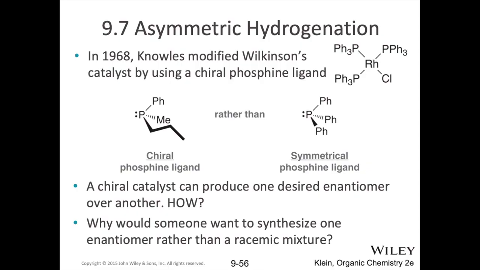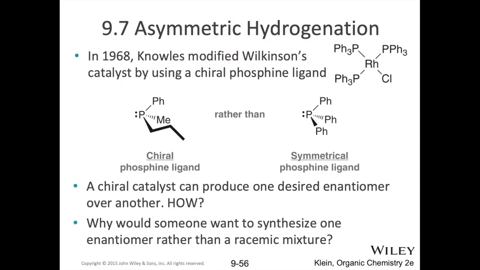Now, to do this, instead of using a symmetrical phosphine here, you could use an asymmetrical one. You could use something that's chiral. We have three different groups here. Okay, and of course that phosphine is going to be attached to our metal center, so that's a fourth group. And that makes this phosphorus a chiral center.